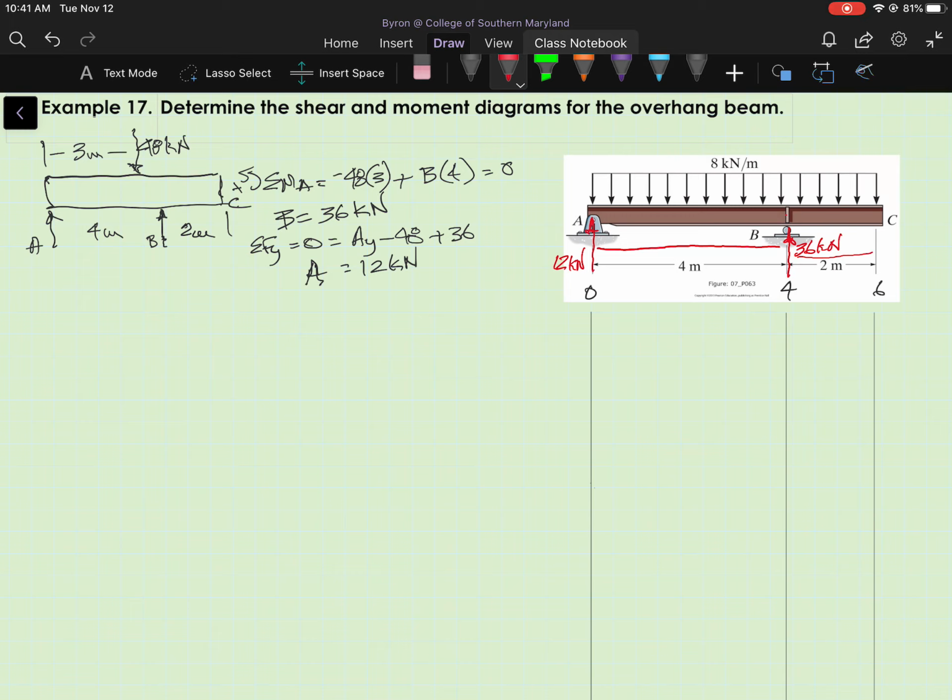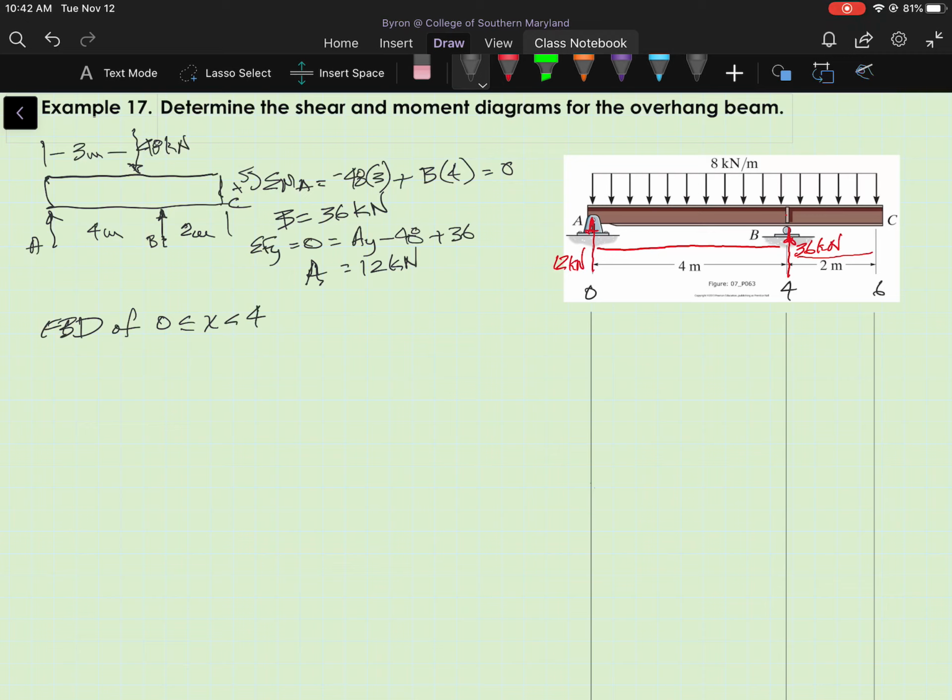So let's start with the free body diagram for the segment of the beam between 0 and 4. So I'm going to say FBD of x greater than or equal to 0 and less than 4.